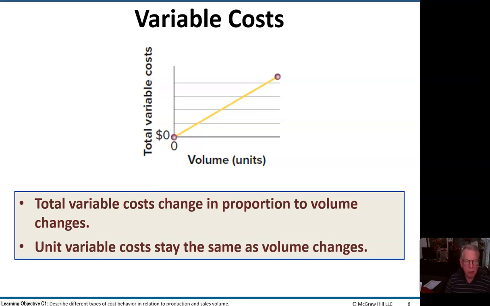All that is going to be the same for each bottle. So if we make 1,000,000 bottles and it costs us $1 per unit, it'll be $1,000,000. But if we make 1 unit, it'll be $1. Okay. Unit variable costs will stay the same as volume changes.